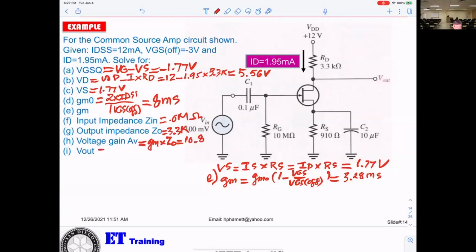Then the output will be gain times Vin: 100 millivolts times 10.8. Is it 1.1 volts? Okay, so that is the complete calculation.